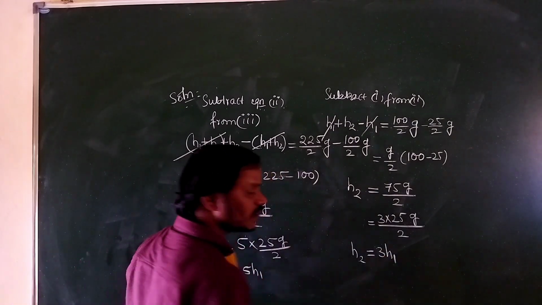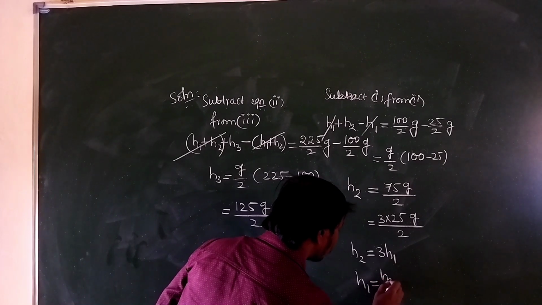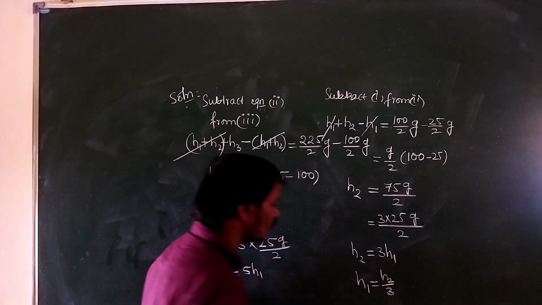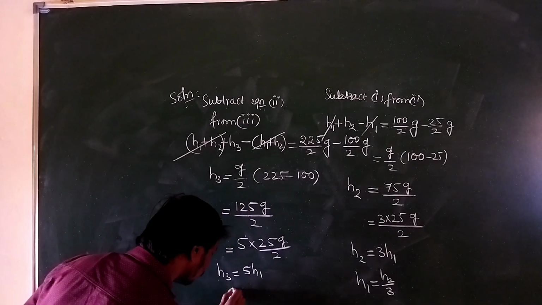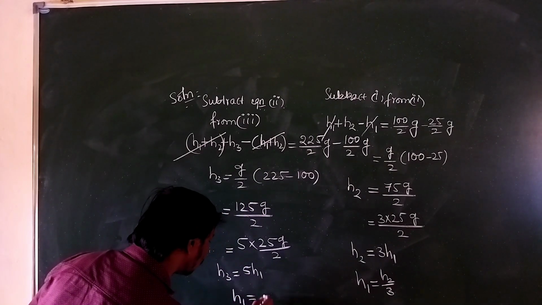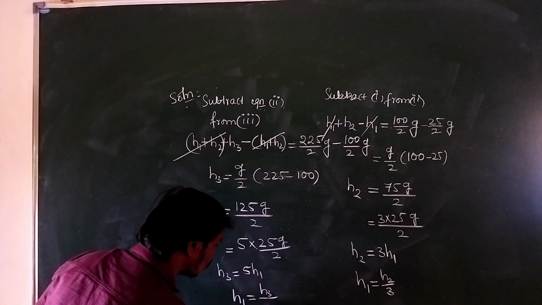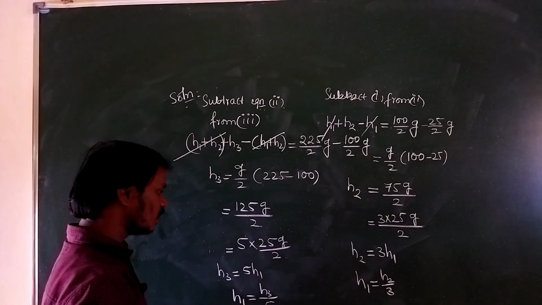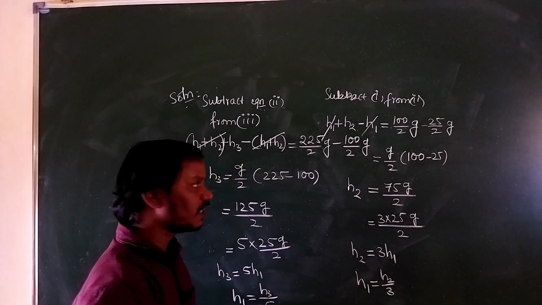Now from this equation, h1 can be written as h2 by 3, means h1 is 1/3 of h2, and from this equation, h1 is equal to 1/5 of h3, means h1 is equal to h2 by 3, that is equal to h3 by 5.